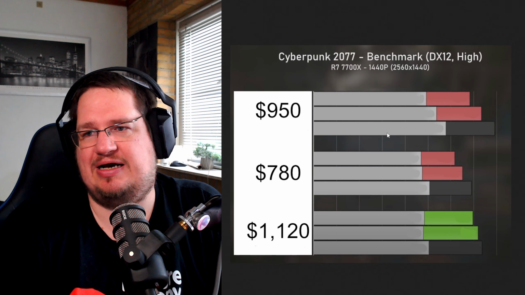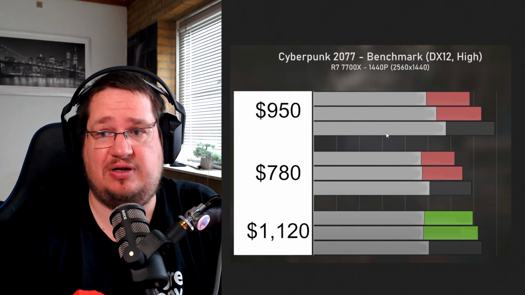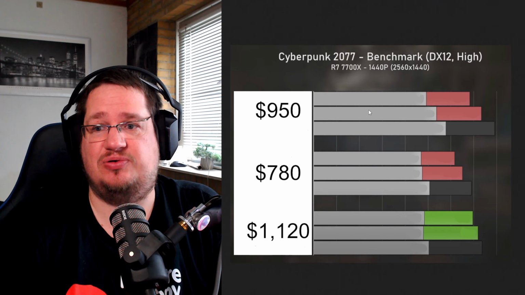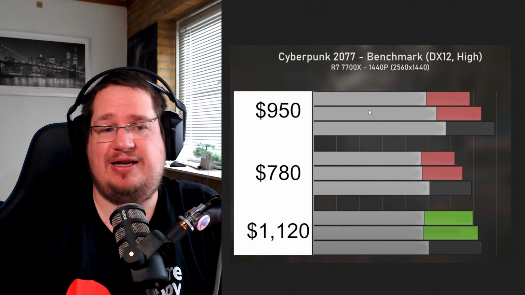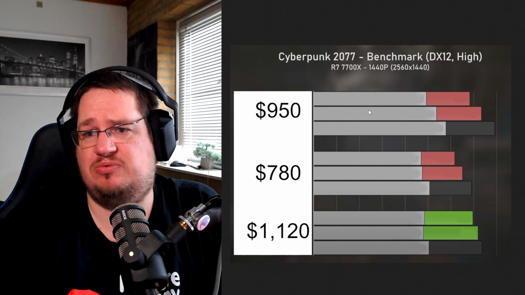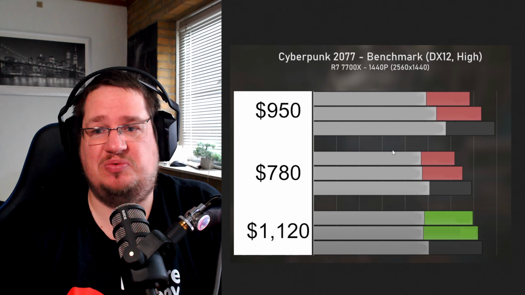If I get this card plus minus $50, that could be the $950 card, this could be the $900 card, and this could be a $925 card. We don't know. But if you look at this with no numbers, and you have around $950, you will probably get this card down here. It actually outperforms everyone, so you would buy this one.